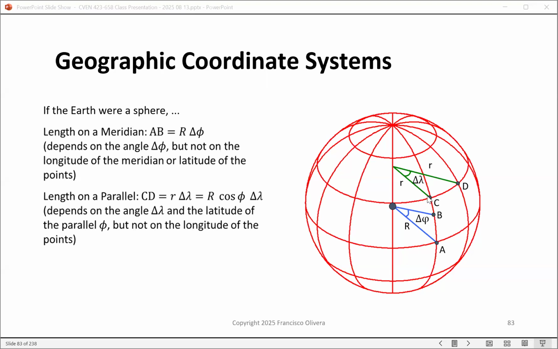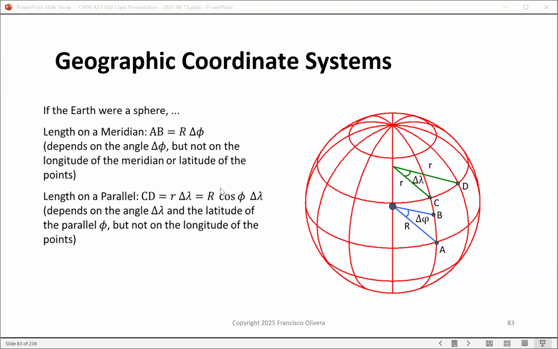Because now the distance CD is going to be equal to the radius of the circle that corresponds to this parallel, and it's going to be this little r, not the big R, which is the radius of the Earth. This little r is actually the radius of the Earth times the cosine of the latitude. And that is going to be multiplied by the angle in radians.